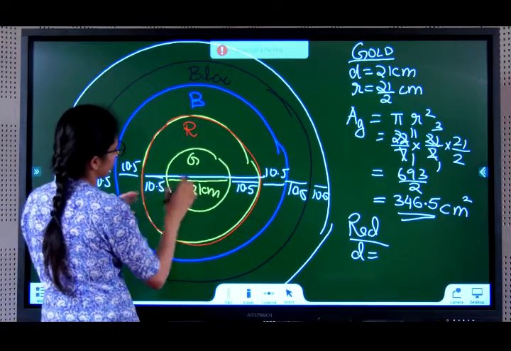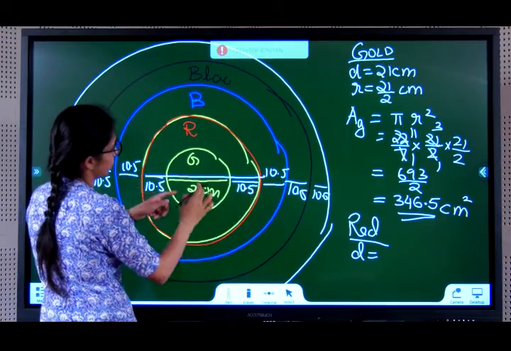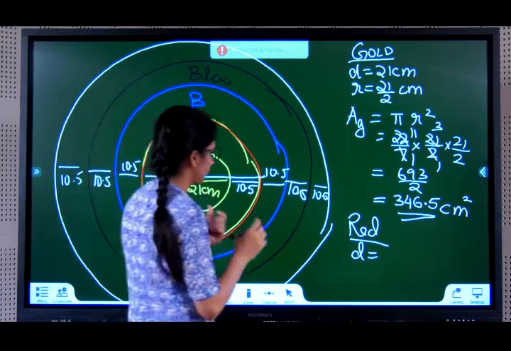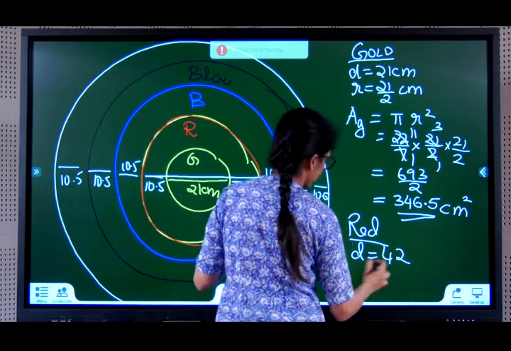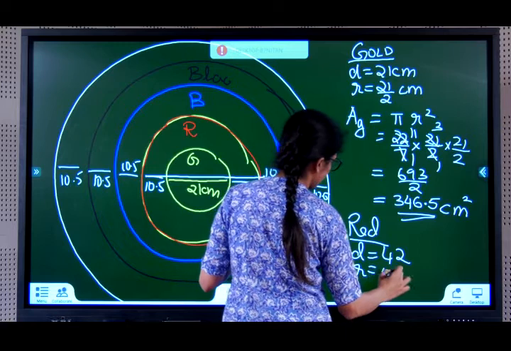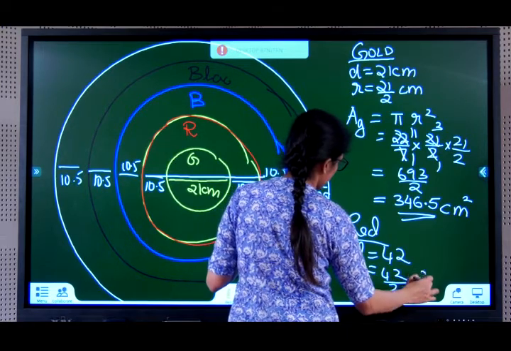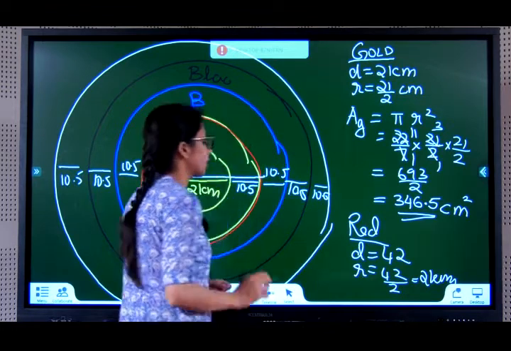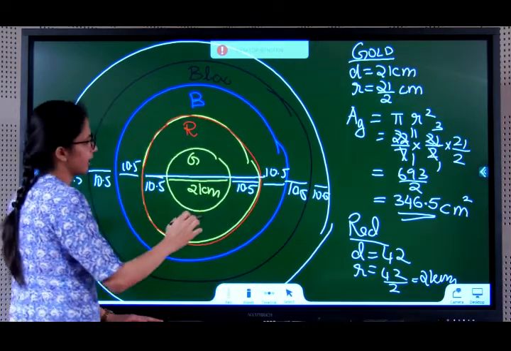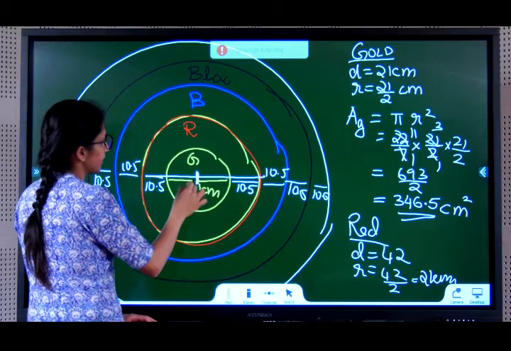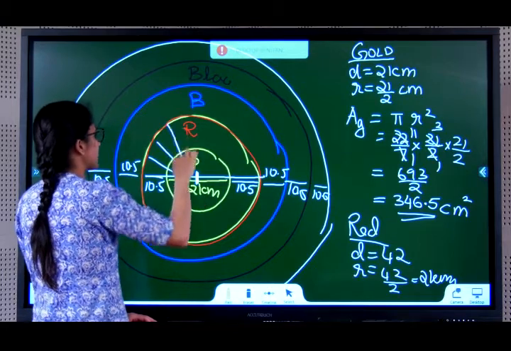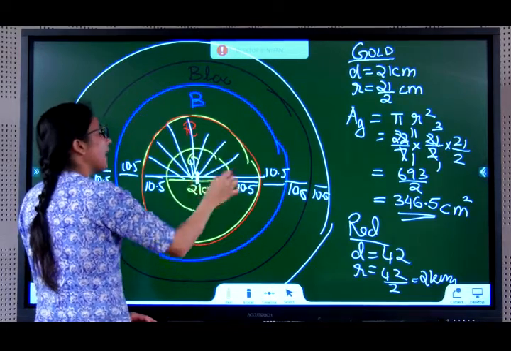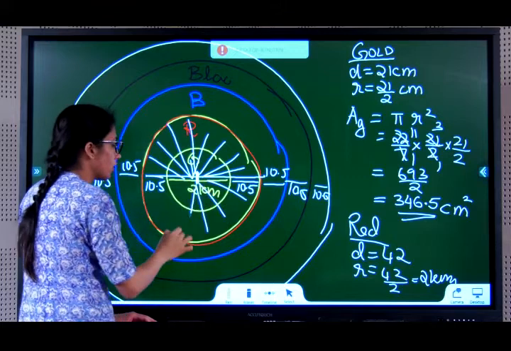So 10.5 and 10.5 together gives you 21, 21, 21, 42. So diameter is 42. Radius is 42 by 2, 21 centimeters. So we got the radius. So now if I take area using that, this is my area. So I will be taking the whole area. But I don't want the whole area.